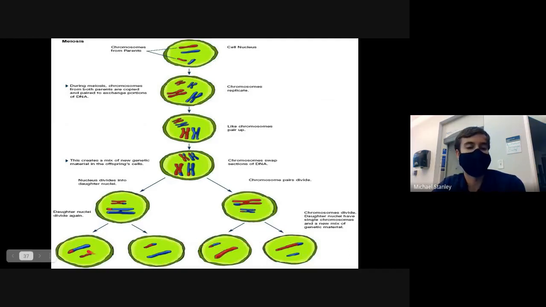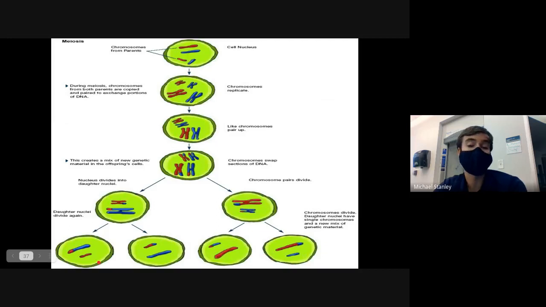Some of them have the blue big chromosome, some of them have the red. Some of them have the chromosomes that have some crossing over that happened, some of them don't. So each haploid cell has a slightly different combination of genes, a slightly different combination of chromosomes.